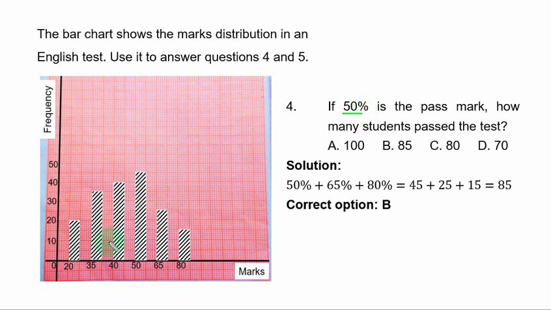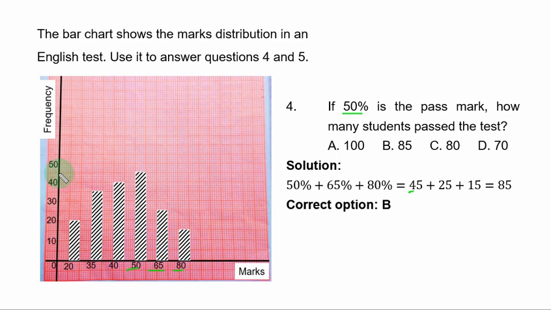From the mark axis, those that scored 50 marks, those that scored 65 marks and those that scored 80 marks all passed. So those that scored 50 are 45 in number. This is the bar for 50 marks. You trace to the frequency axis, that is 45.